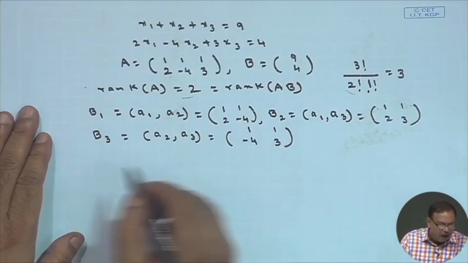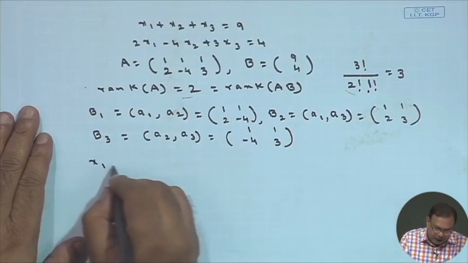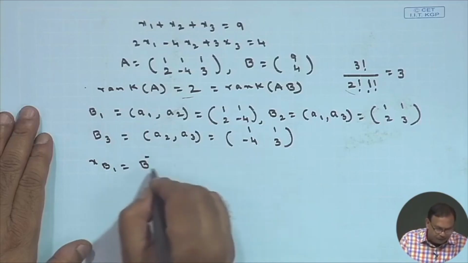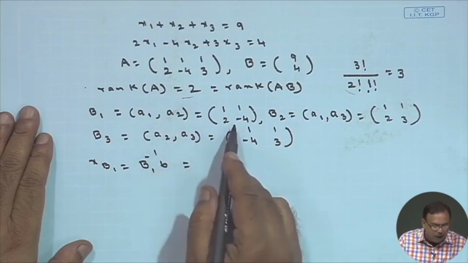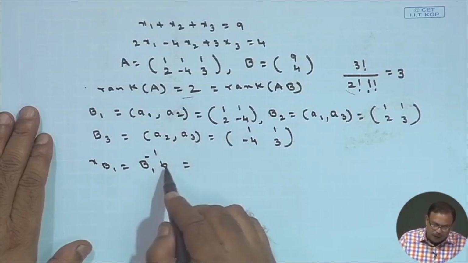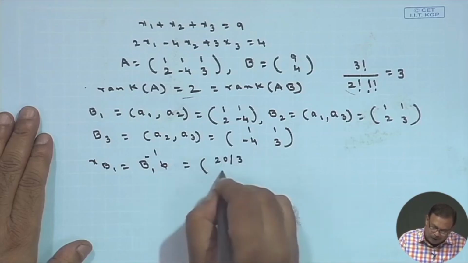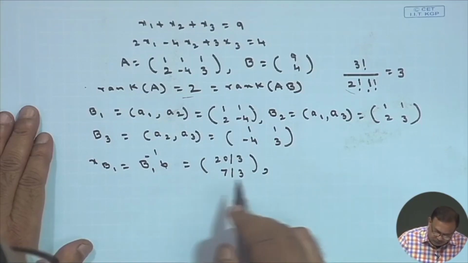So, what can be the basic solutions now? I can write x B1 equals B1 inverse B. You know what B1 is, what B is. If you calculate, you can obtain this value. This I am leaving for you because of shortage of time.